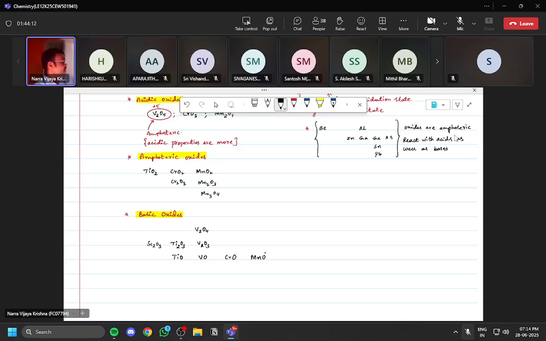Here plus 3 state. Here plus 4 state. Here plus 7 state. Right? Lower oxidation state is basic. In between, amphoteric. Higher oxidation state, acidic.